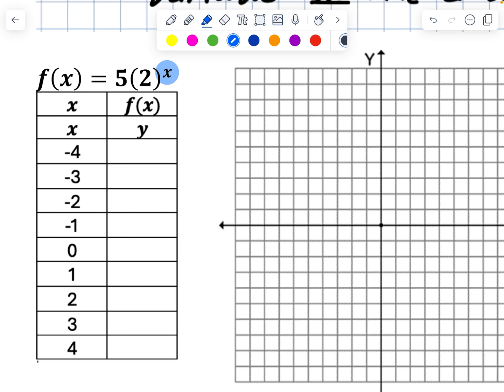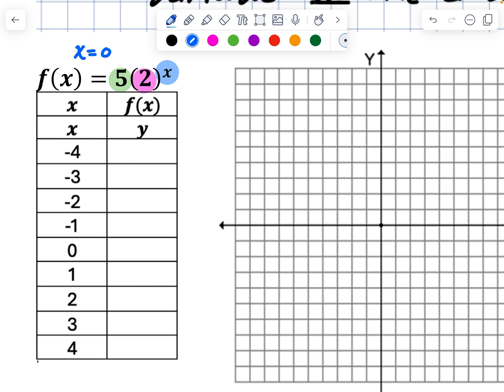The base of the exponential function is 2, and the constant of the exponential function in this particular problem is 5. Let's say that we are going to allow x to equal 0.